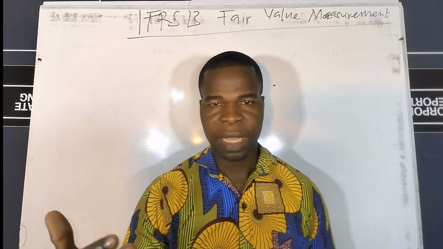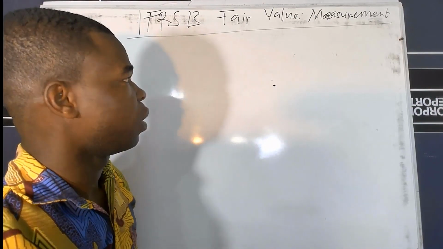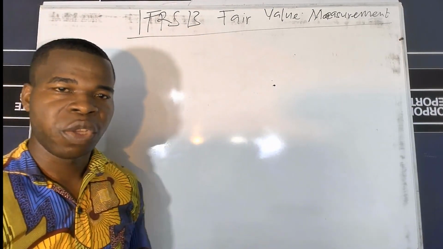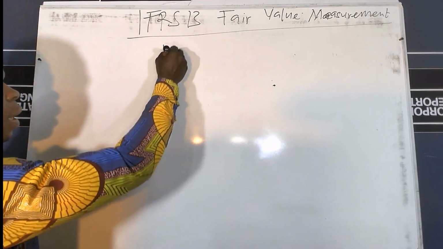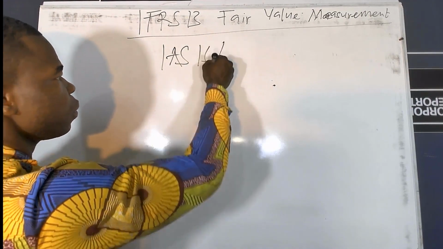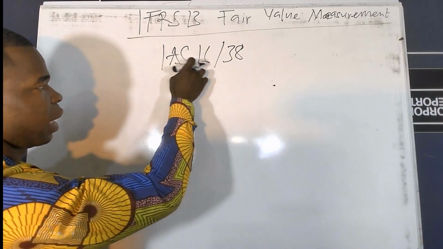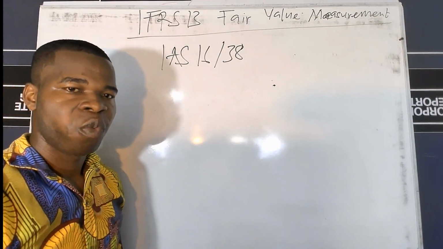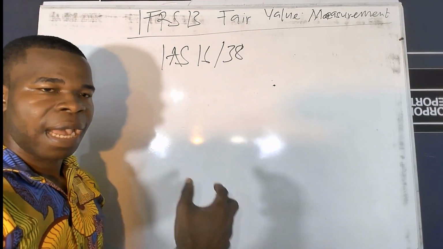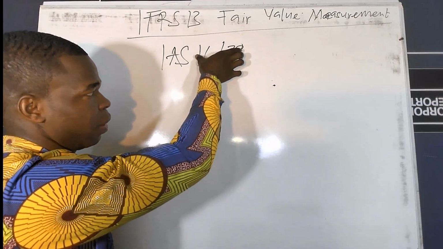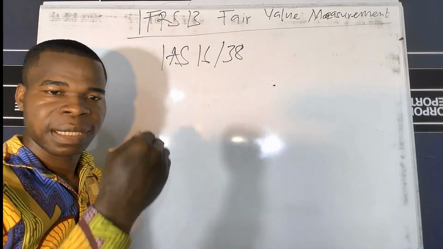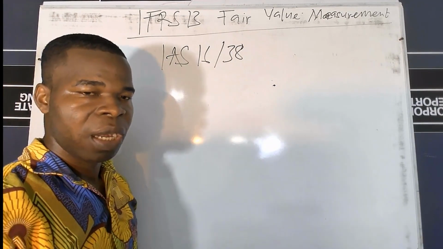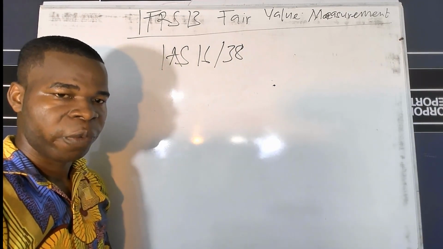Now, the background of IFRS 13 is basically this. Like I said earlier, most accounting standards make use of fair value measurement. For instance, if you take IAS 16 or 38, we can see the use of fair value when the property, plant and equipment or the intangible asset is subsequently measured using the revaluation model.